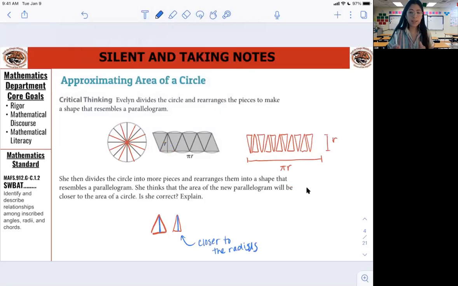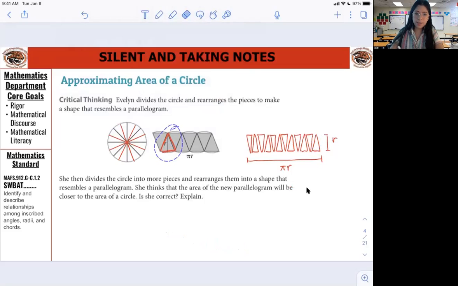It's not going to be exact, but the skinnier triangle gets closer and closer to the actual radius. The wider the triangle is, the further away it's going to be from the radius, because the radius would be the height of the triangle. So the skinnier you get, the closer you get to the actual height. Now, I know that's a little bit weird to understand, so let me show you a picture.